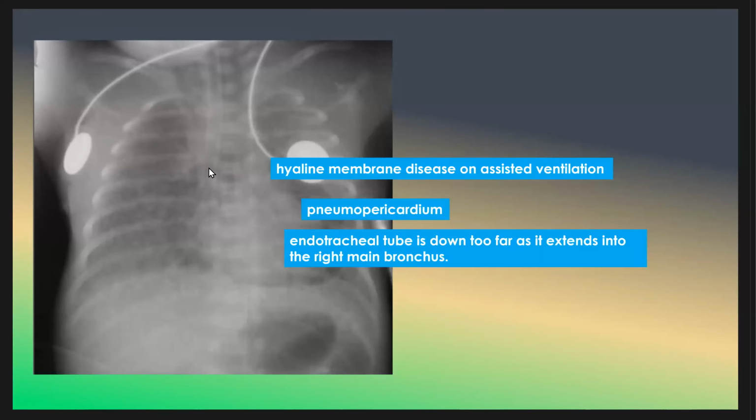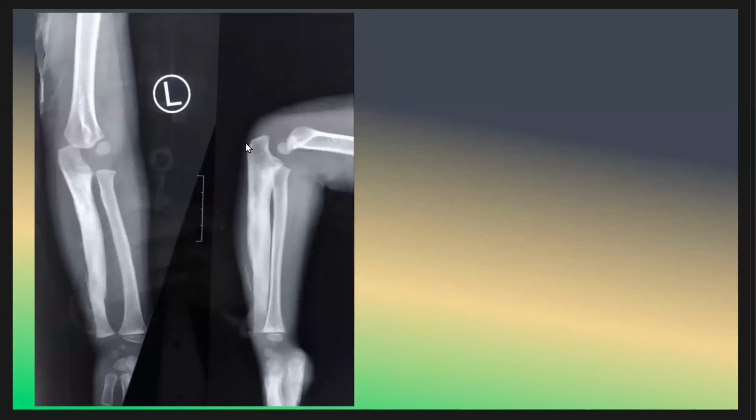Also we have the endotracheal tube on the right side, and the patient is on assisted ventilation. And we have also a pneumopericardium. The pneumopericardium is not ascending above the aortic arch or pulmonary artery, so this is classic pneumopericardium, not pneumomediastinum.